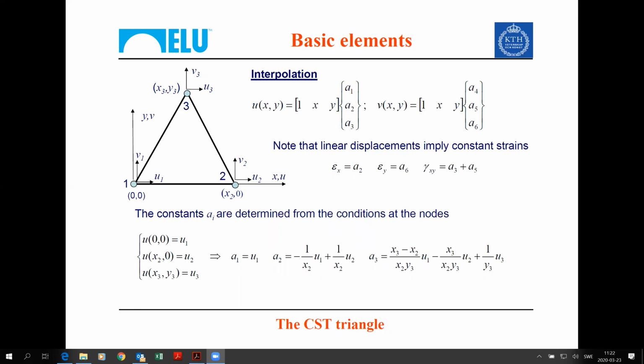Then, on top of that, I can start adding other terms, but I will be limited by the number of nodes that I have for my element. The number of nodes will give me the number of condition equations. If I have 3 nodes, then 3 condition equations, that is at most 3 constants.